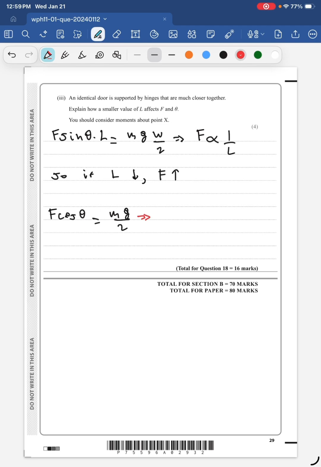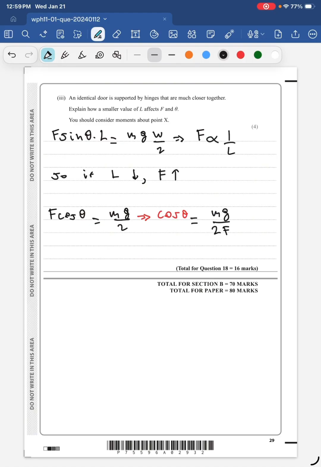So cosine theta is mg over 2F, okay? But remember that F is proportional to 1 over L, therefore cosine theta.